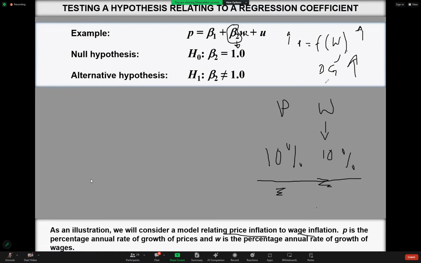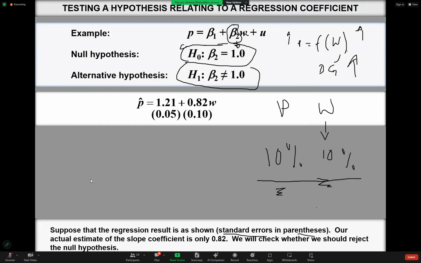Okay. Then your null hypothesis is beta 2 equals 1. The alternative hypothesis is beta 2 not equal to 1. Okay. Then how to test this?